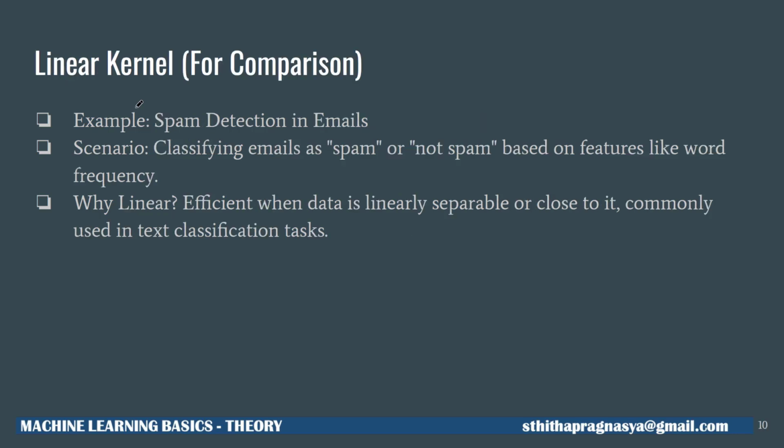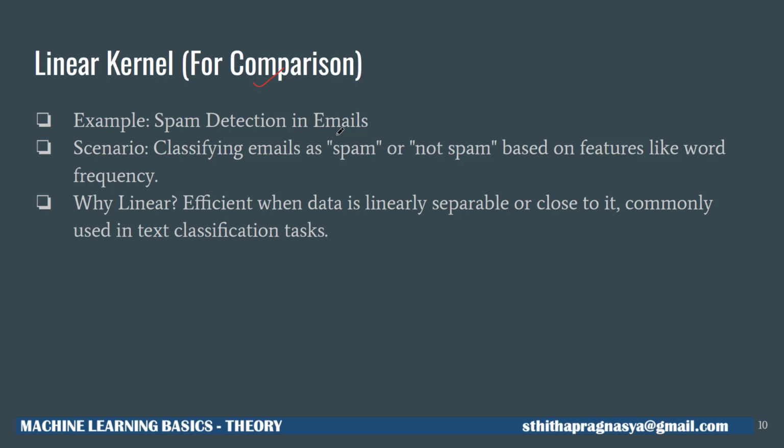And finally, we have the linear kernel, just for comparison purposes here. In a spam detection system, emails are classified as spam or not spam based on features like the frequency of certain words, presence of certain links, or other metadata. If the separation between spam and not spam emails can be achieved with a simple weighted sum of these features, then a linear kernel would be sufficient.